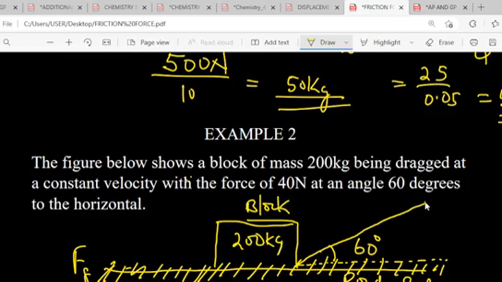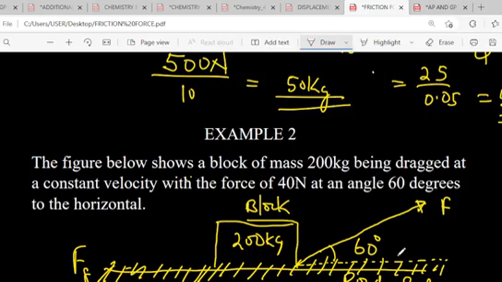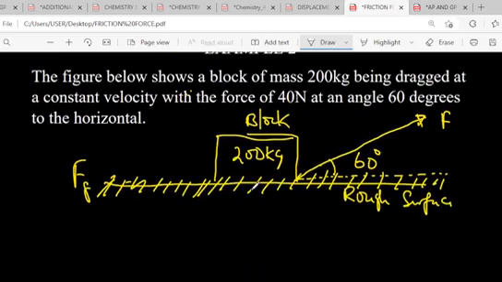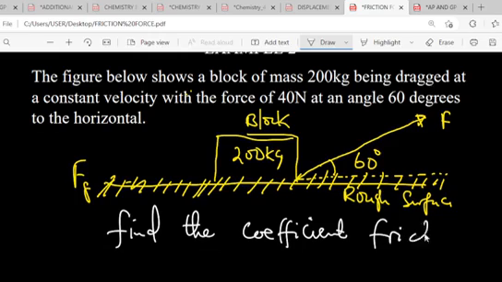It is as if there is a person in front pushing this block with force F at an angle of 60 degrees to the horizontal. Then the question should be: find the coefficient of friction force.